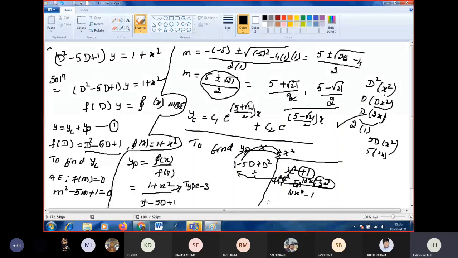Okay, next what I want here? 10x I want. Here x is not there. Only one term. Constant you have to add like this. So that can be written as x square plus 0x plus 1.